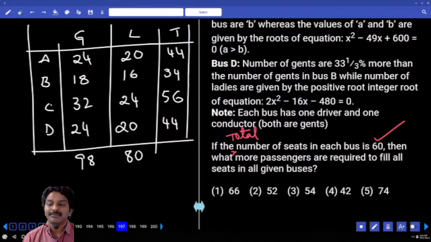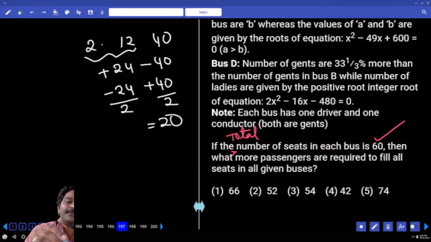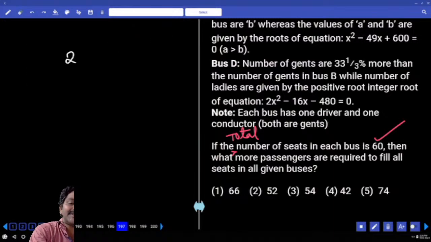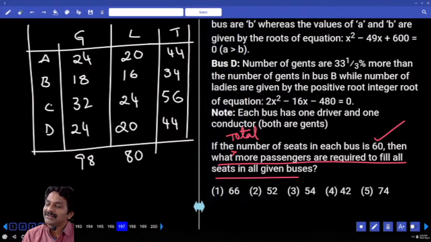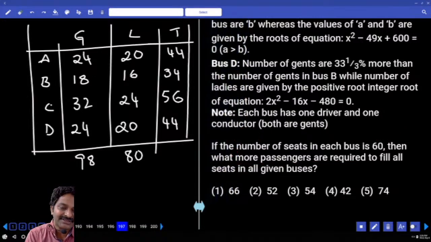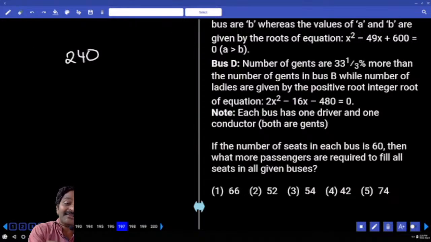If the total number of seats in each bus is 60, how many buses do we have? Out of 4 buses, how many total seats will be there? 240. And now see the question: how many more passengers are required to fill all the seats in the given buses? So how many gents and ladies are there, both together? 178.